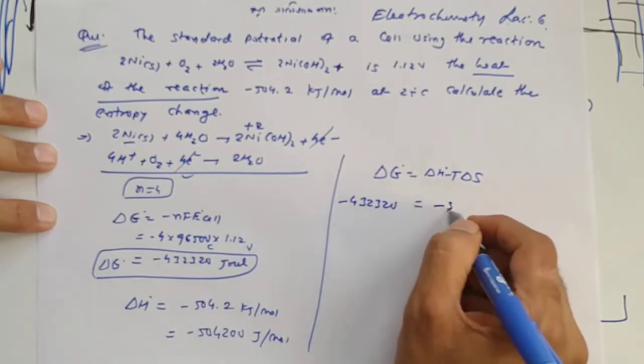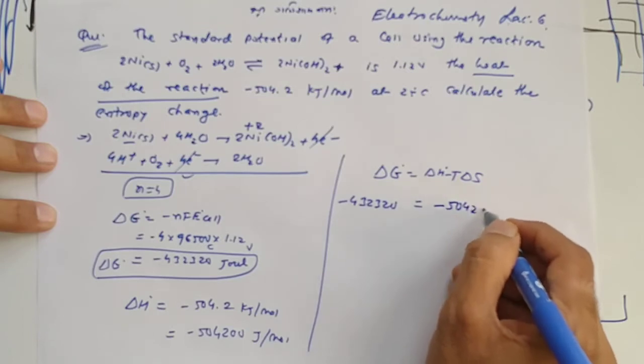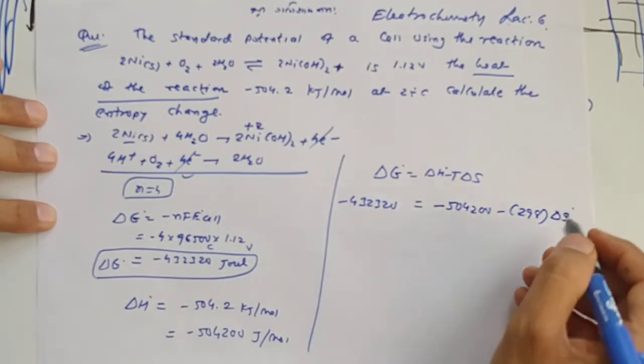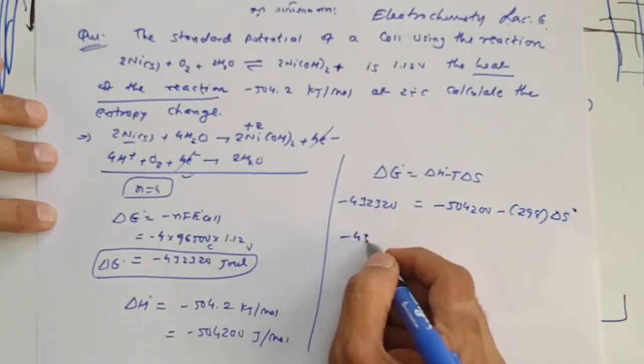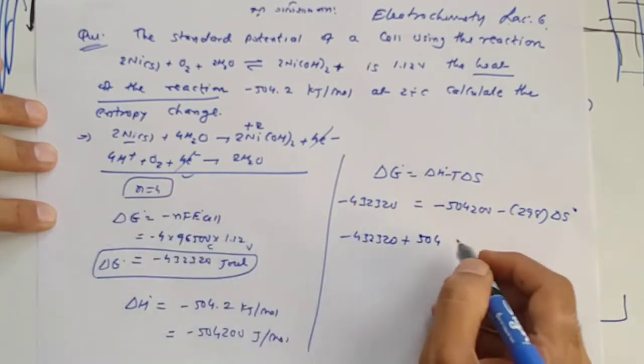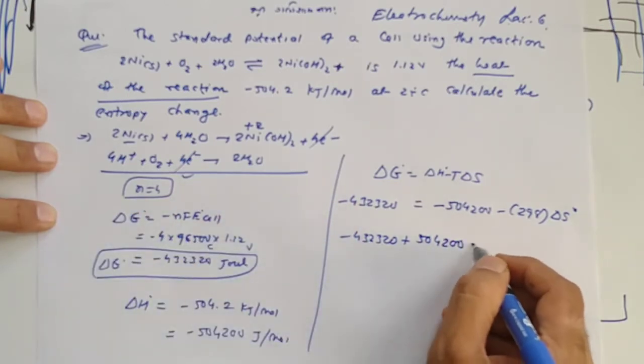Minus 432320 equals minus 504200 minus T delta S. Temperature for standard is 298. So on the left hand side it will be plus.